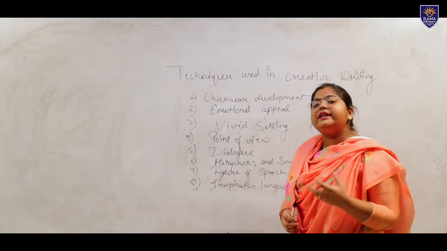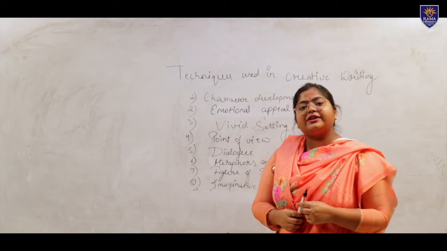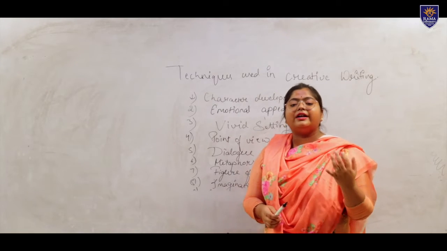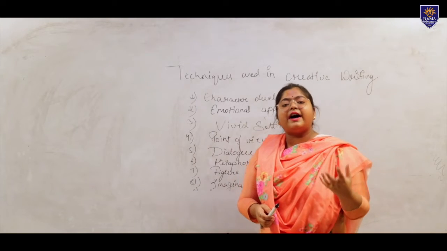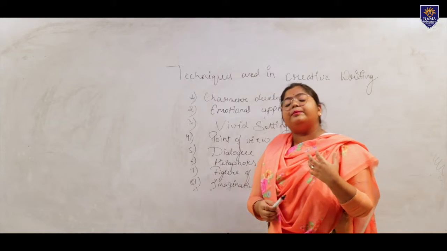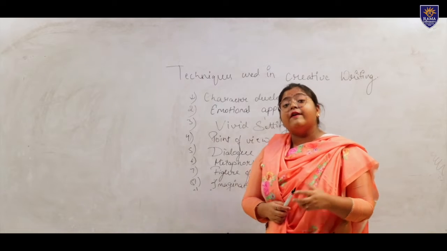I will give you one example about character development. In a movie script, there is a hero, a heroine, and so many characters: mother, father, sister, brother. There are so many characters present in one movie. Why?